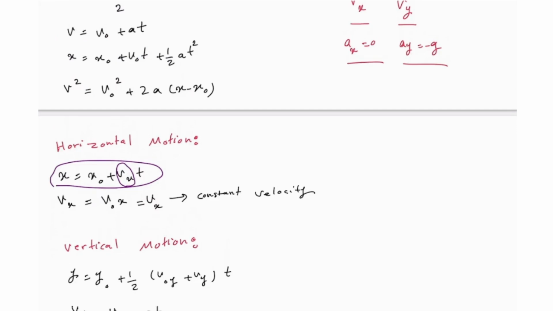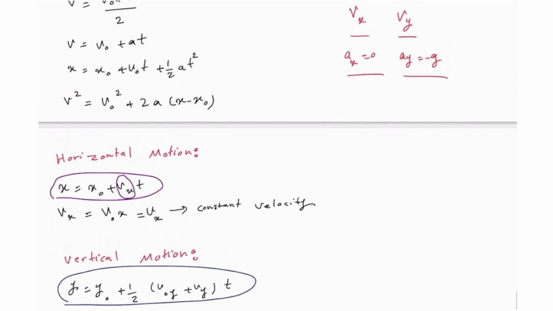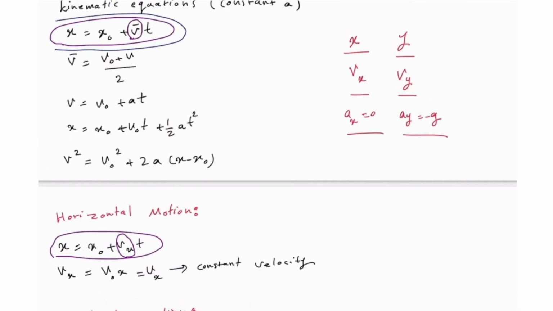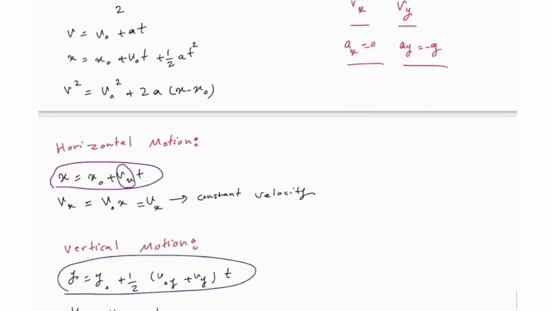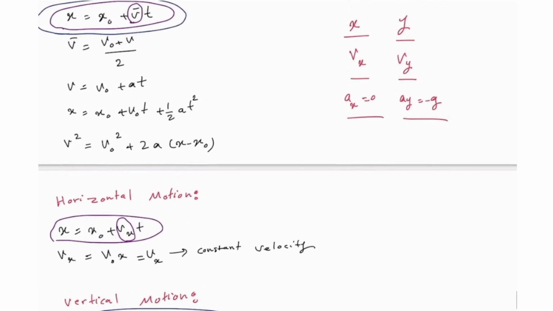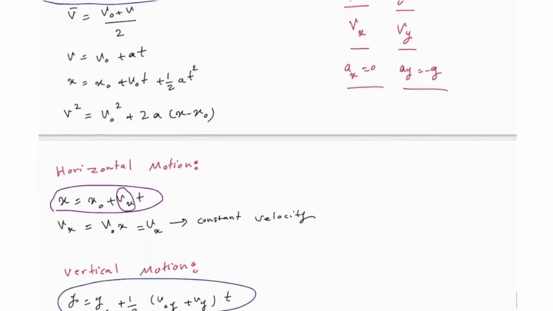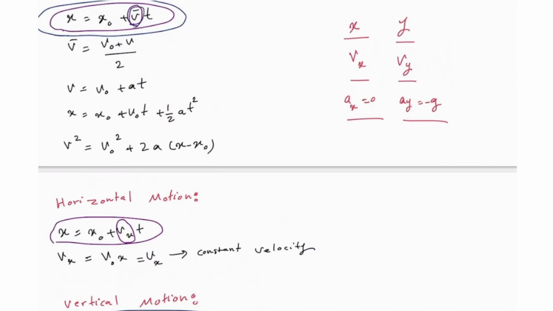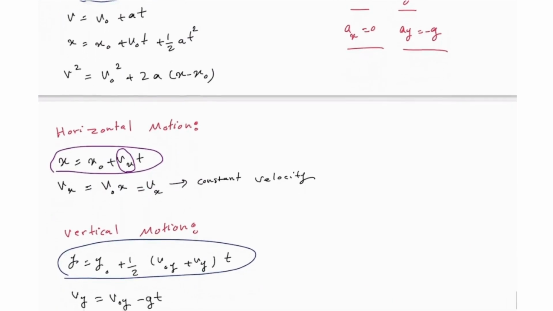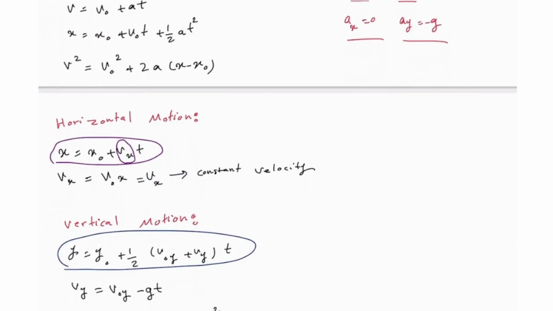So here, the first equation is the same as this one, and it's only that x is replaced by y, x0 is replaced by y0, and v average is replaced by this expression. The second equation is the same as this equation, and it's only that v is replaced by vy, v0 is replaced by v0y, and a is replaced by negative g.